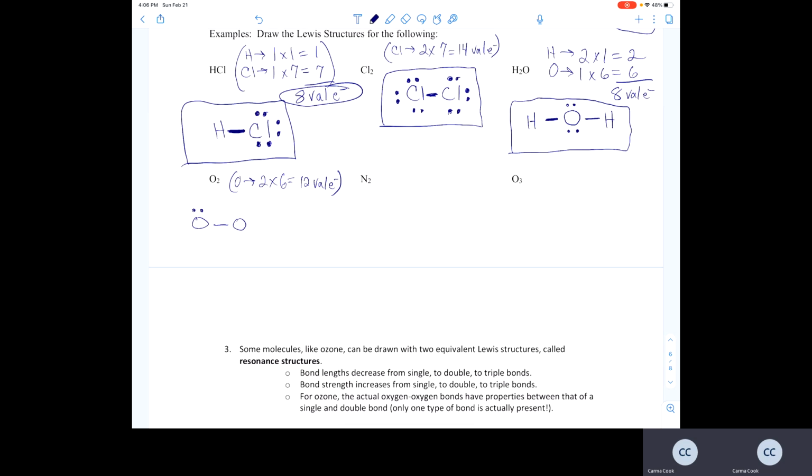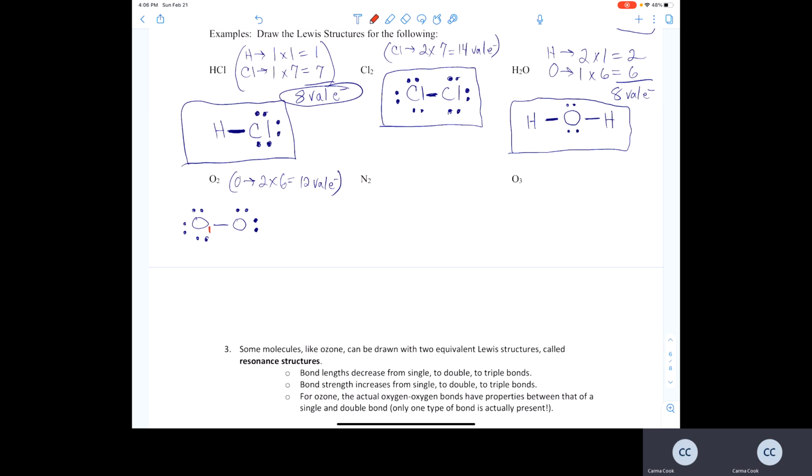And so we'll put the additional electrons around each oxygen in pairs of 2. So 2, 4, 6, 8, 10, 12. But if we call this one oxygen number 1, it's happy.